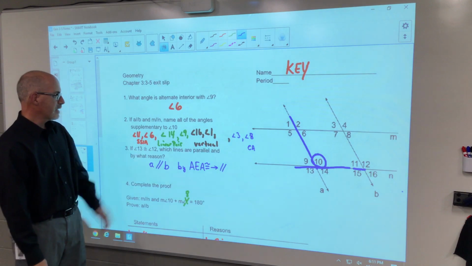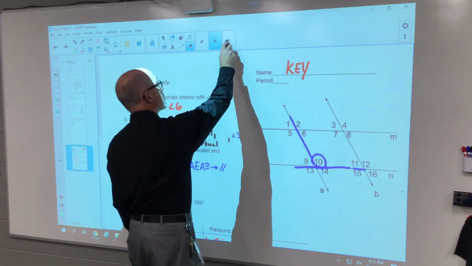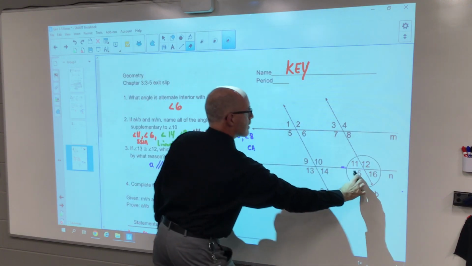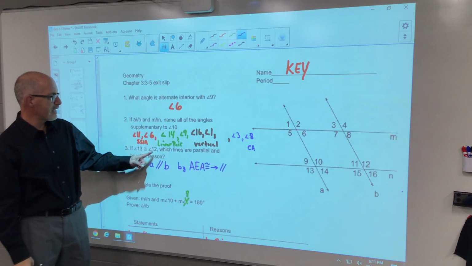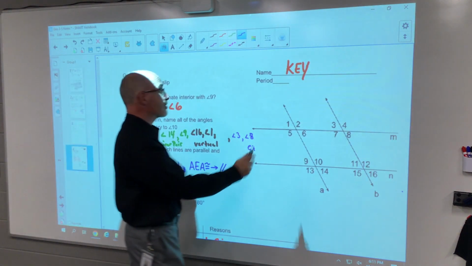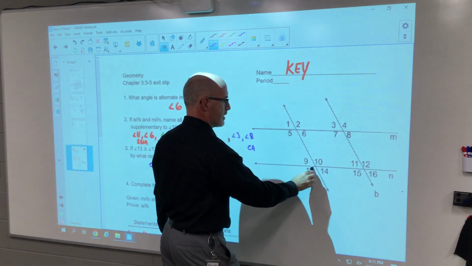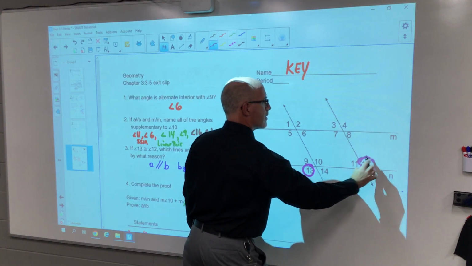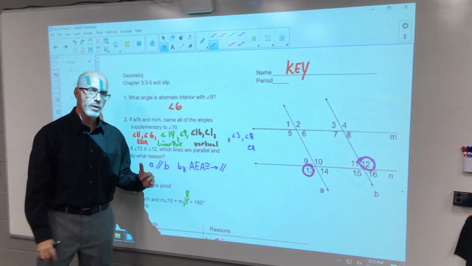Now for this one, let's erase that for a moment. If we have angle 13 congruent to angle 12, I'm going to circle those two. Which lines are parallel, and by what reason?